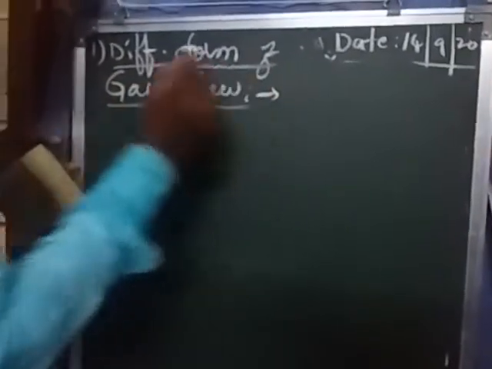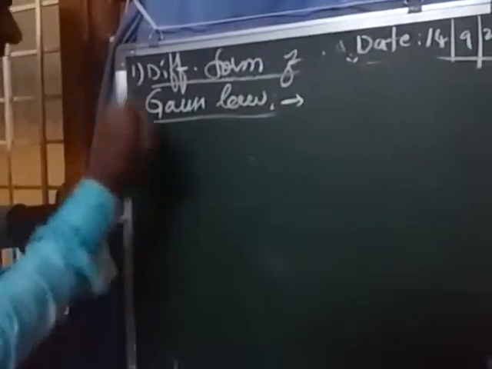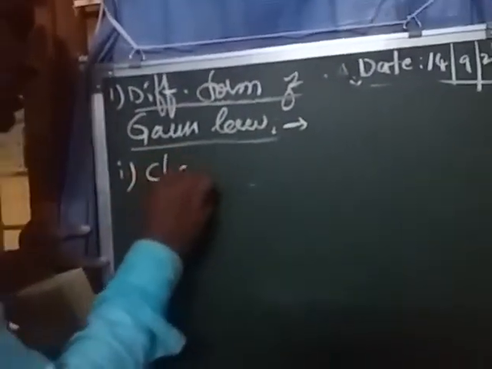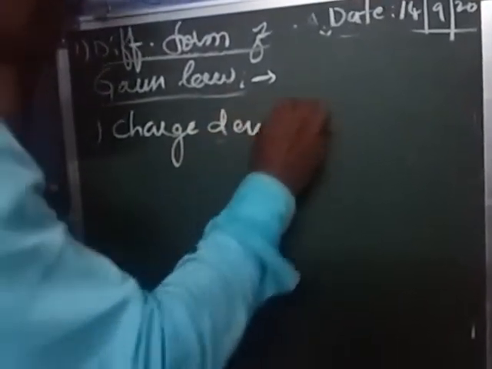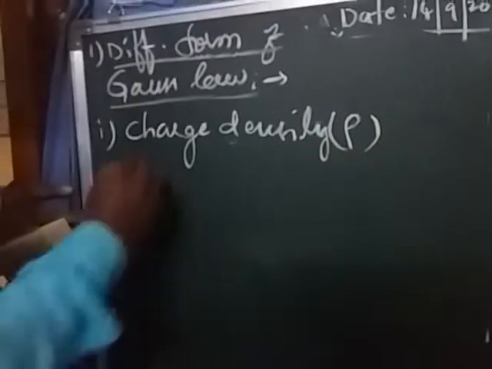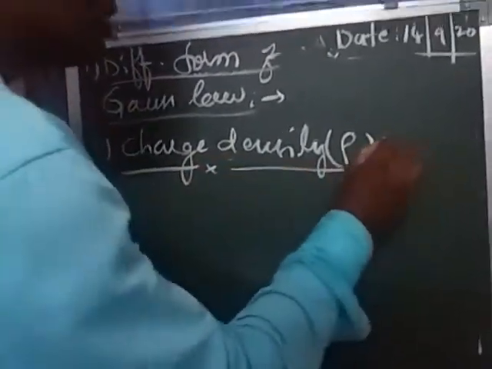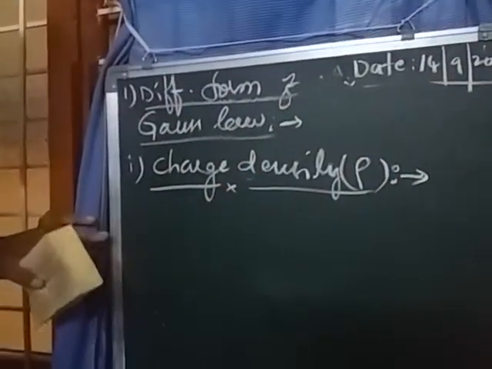So in this condition, let us take the charge density. Charge density is denoted by rho. What is meant by it?